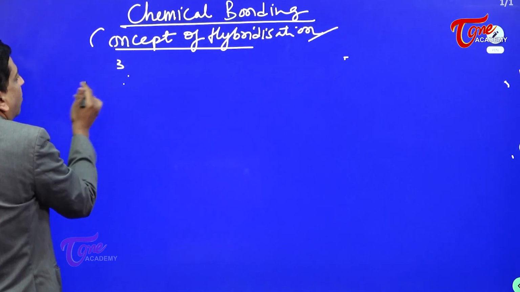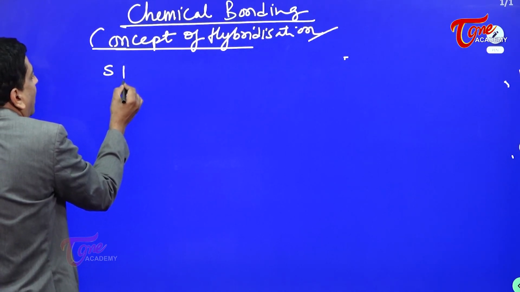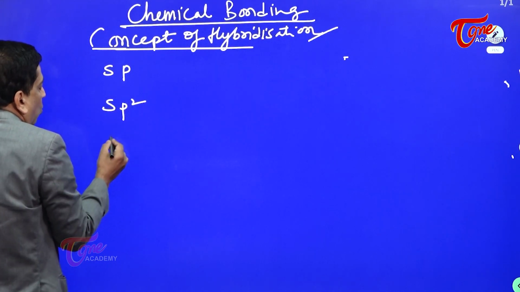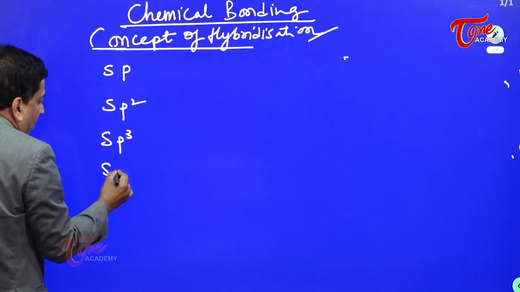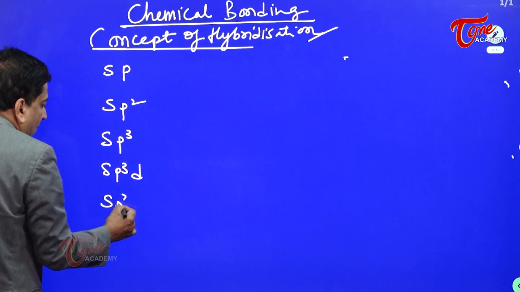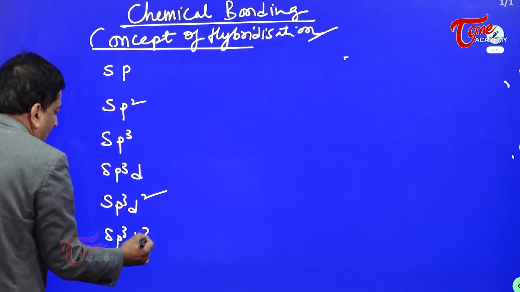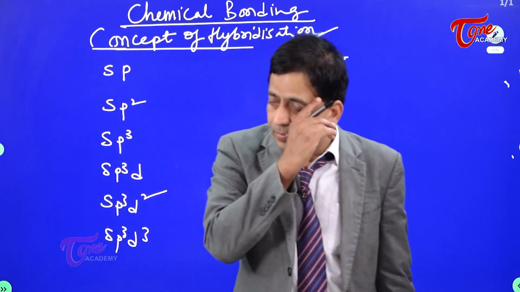In fact, let me start off with S. sp, sp2, sp3, sp3d, sp3d2, sp3d3. These are the things which are most obvious and distinct in chemistry, not beyond that.